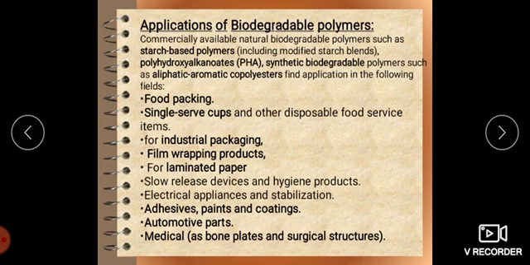These biodegradable polymers are used for agricultural purposes, for soil stabilization, and also in the medical field as bone plates and surgical scissors. Also used for adhesives, paints and coatings, and some automobile parts. So in a number of uses, biodegradable polymers are used commercially.